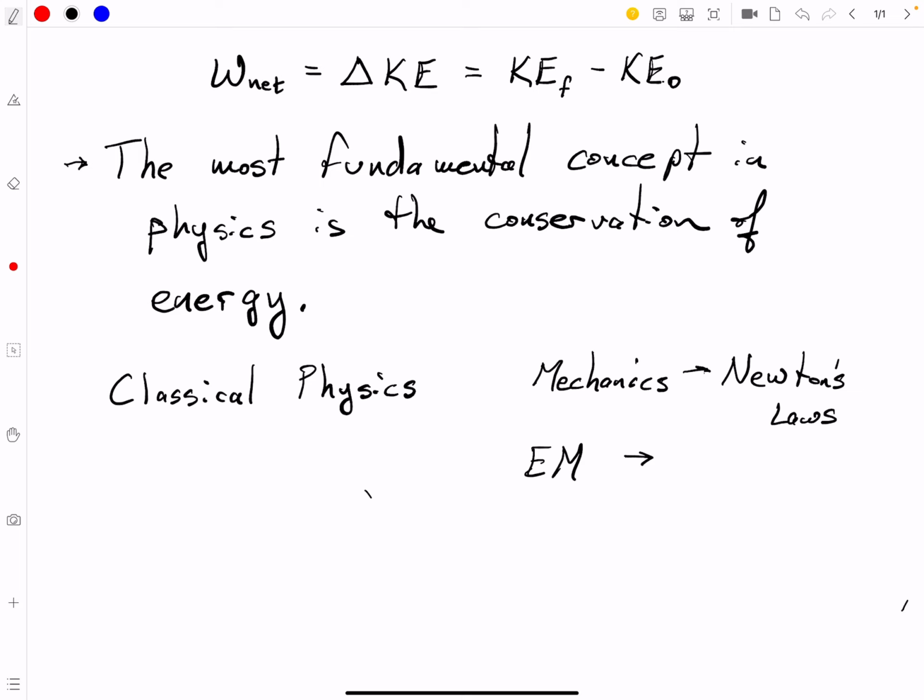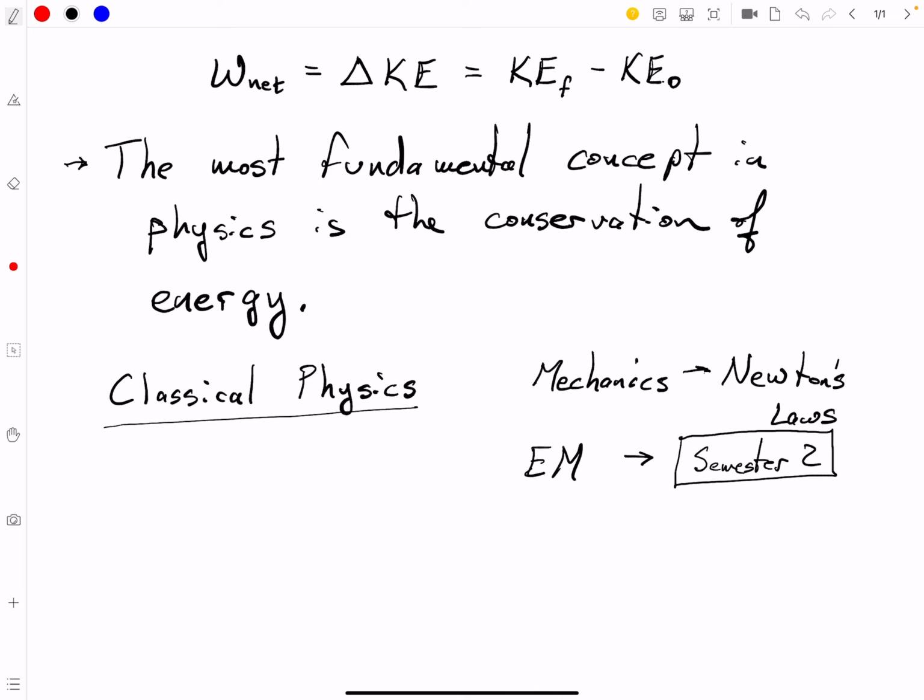This is still classical, but it's not classical mechanics, it's electromagnetic mechanics. So it's all still classical. We haven't got into modern physics yet. But E&M, that's the thing that we are going to get in this second semester.